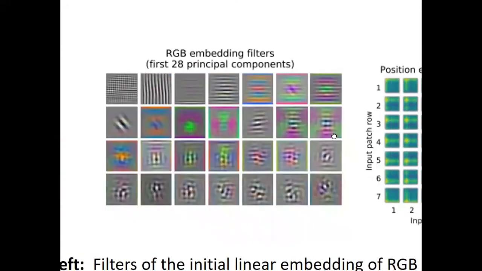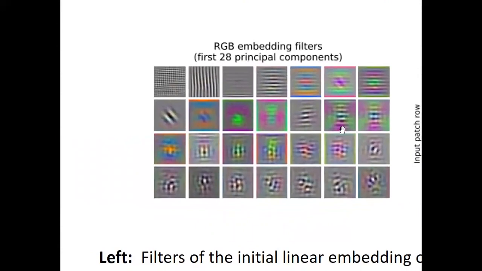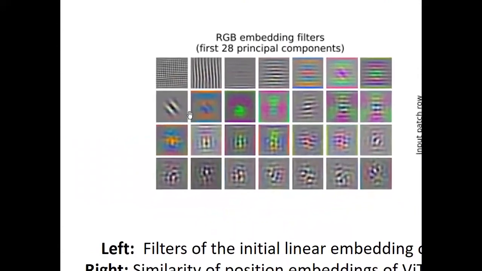Also, in convolutional neural nets, we visualize the image in the layers, and it seems really similar to the conv nets.